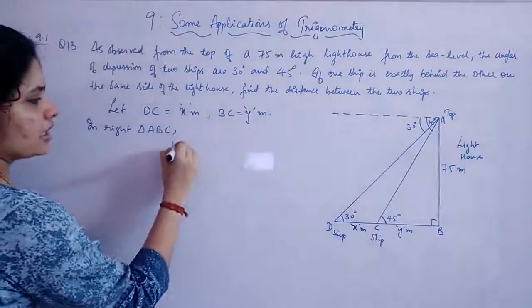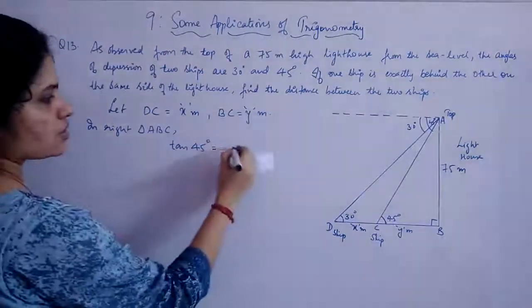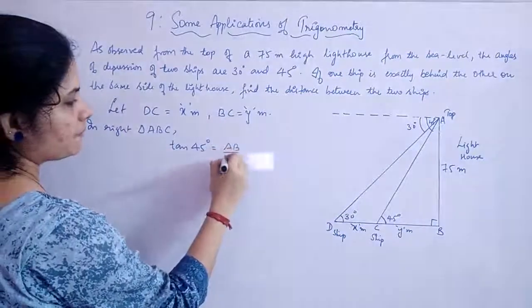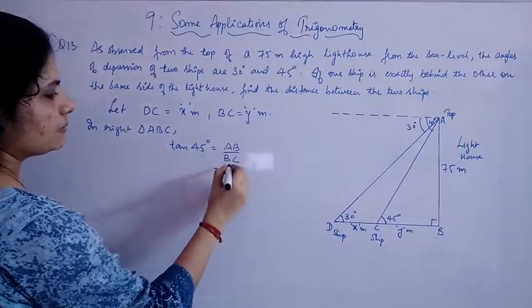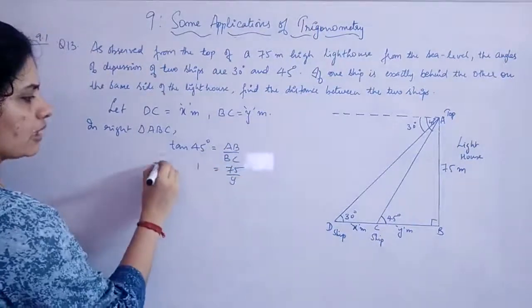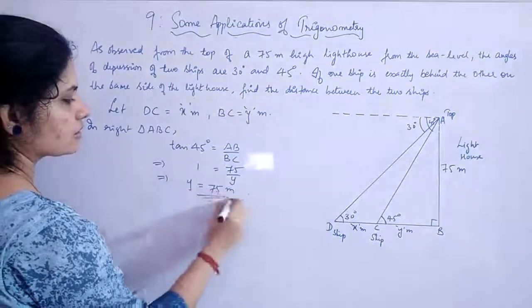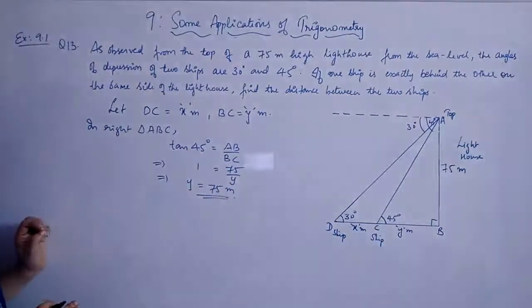That means you are taking tan 45 degree. Tan 45 degree is equal to AB by BC. AB is 75, BC is Y, tan 45 is 1, so you are getting Y is equal to 75 meters. So you got the BC value, right?